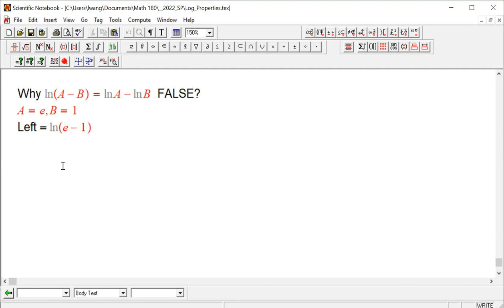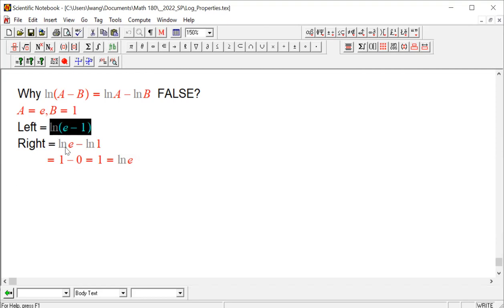What does it equal? I don't know. And the right-hand side: A is e, B is 1, so ln e is 1, ln 1 equals 0, so it equals 1. So we know the right-hand side equals 1, which equals ln e. So ln e should not equal ln of e minus 1, is that right?